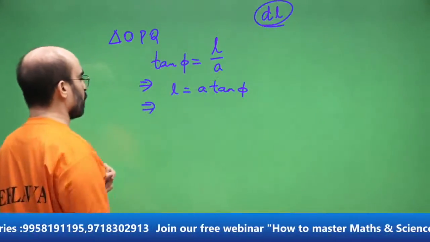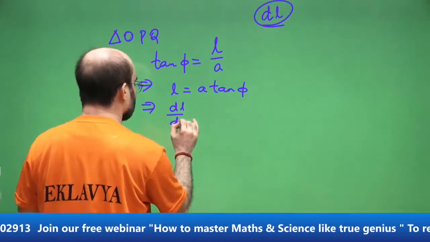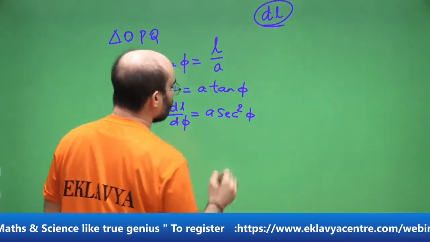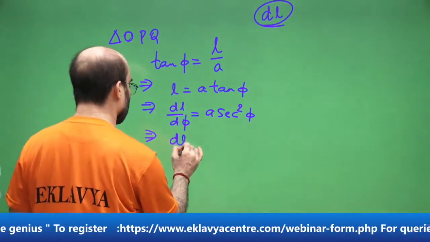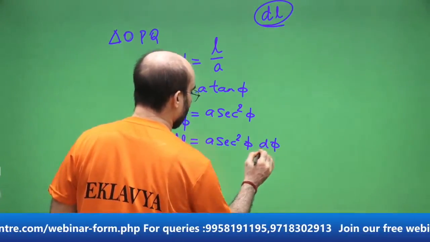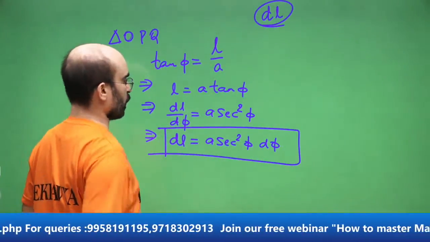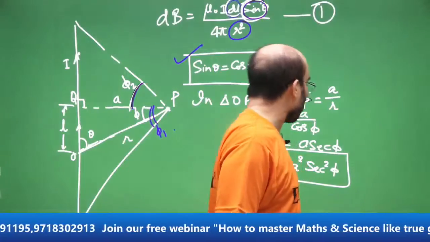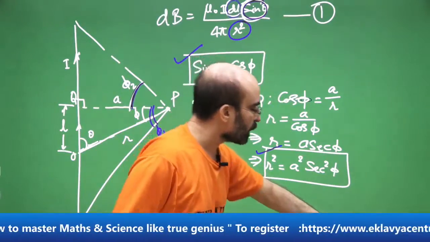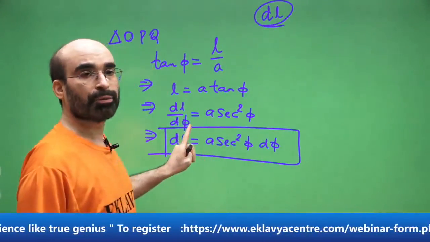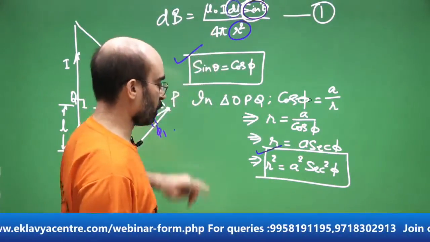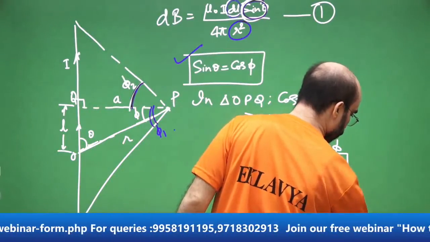So dl by d phi equals A sec square phi, so dl could be written as A sec square phi d phi. So we have got sin theta, r square and dl in terms of phi. This we will substitute in this equation. Let us move further and see what is going to happen.